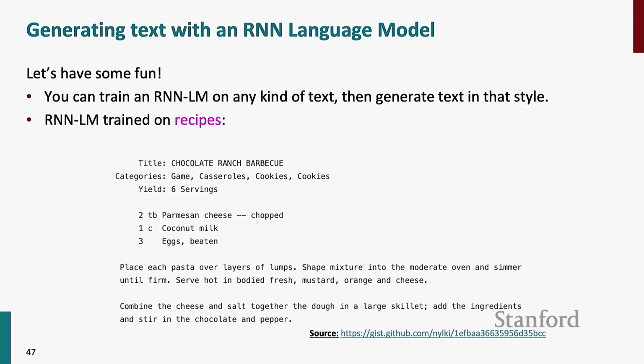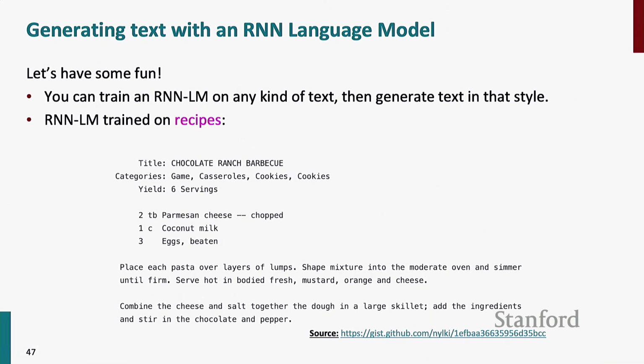You can do other things as well. So you can train it on recipes and generate a recipe. This one's a recipe I don't suggest you try and cook, but it looks sort of like a recipe if you don't look very hard. Chocolate ranch barbecue. Categories: game, casseroles, cookies. Yield 6 servings, 2 tablespoons of Parmesan cheese chopped, 1 cup of coconut milk and 3 eggs beaten. Place each pasta over layers of lumps.